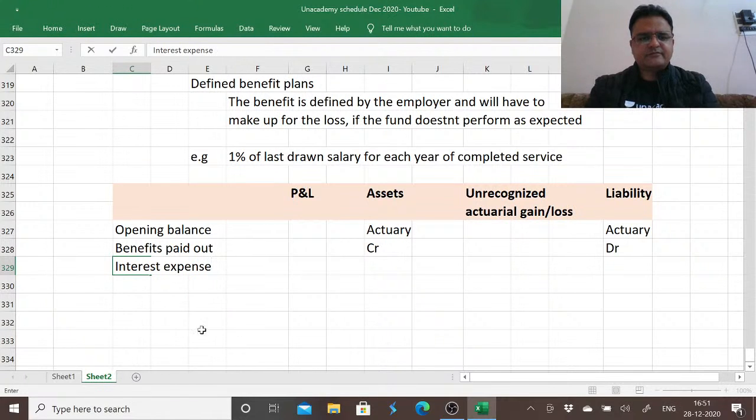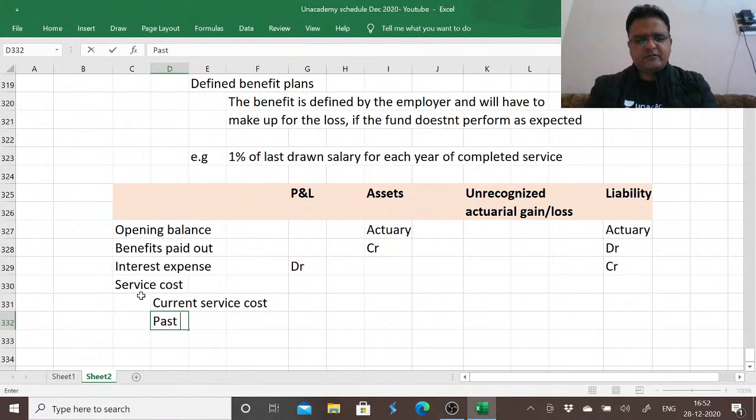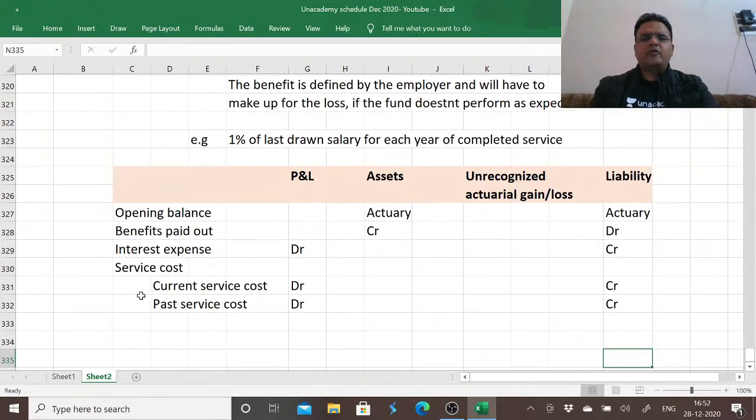Interest expense will be a debit to P&L and a credit to liability. The service cost for the year, if there is current service cost or past service cost, will be debited to P&L and credited to liability.